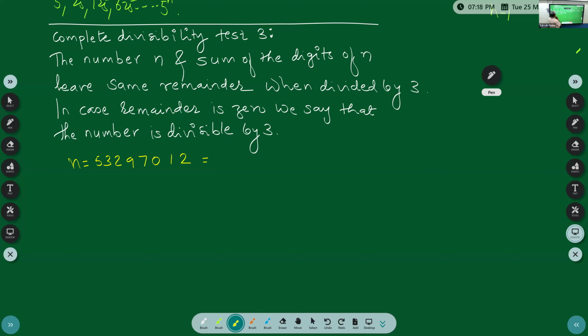So the idea is, some of you might be aware why it is working, but let me explain it to all. Let me make this number a little smaller because it is going to take time. 97012.